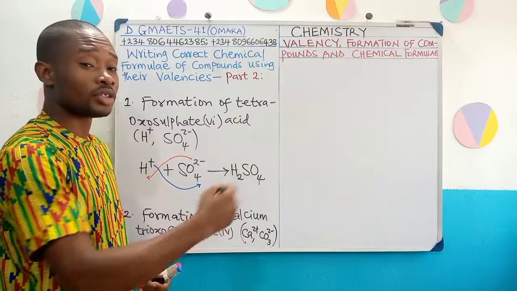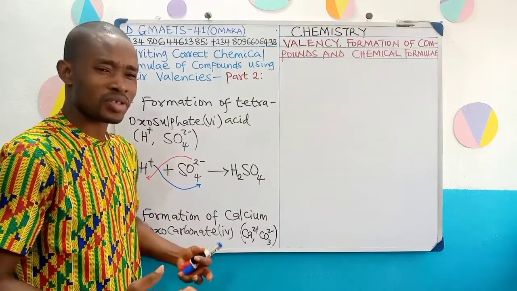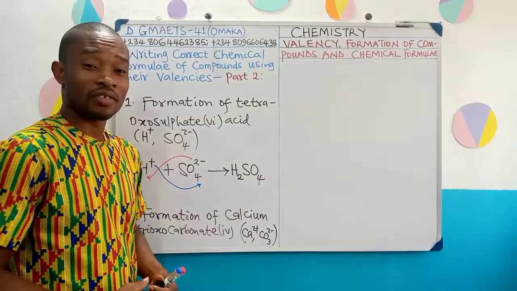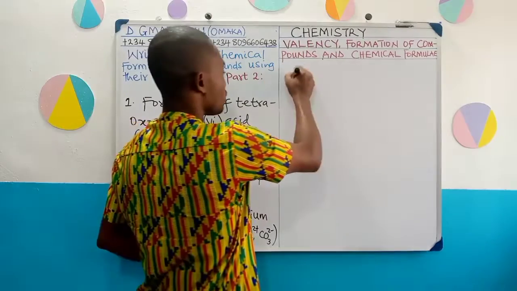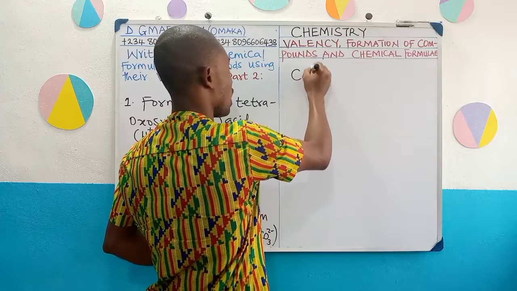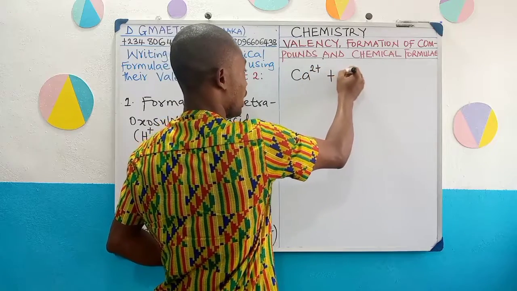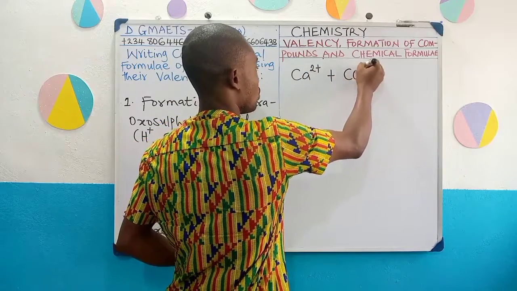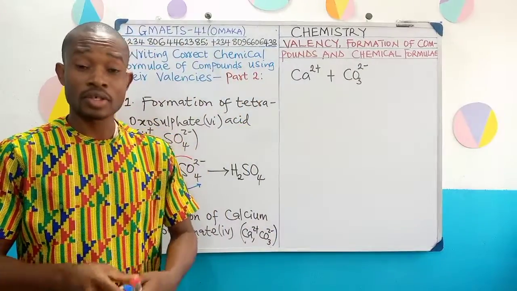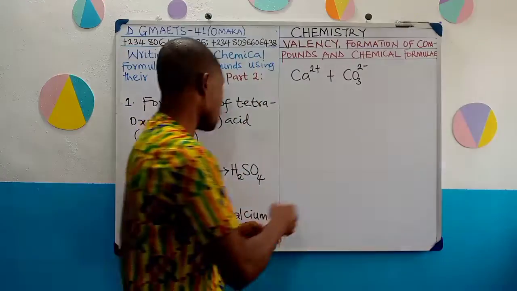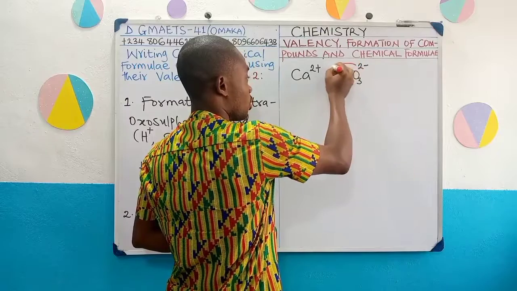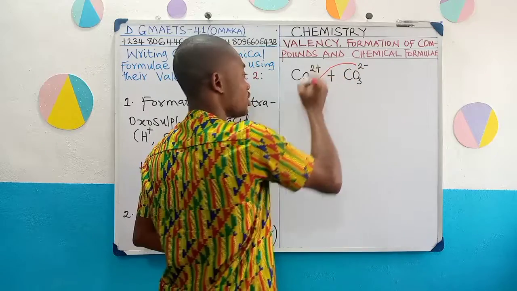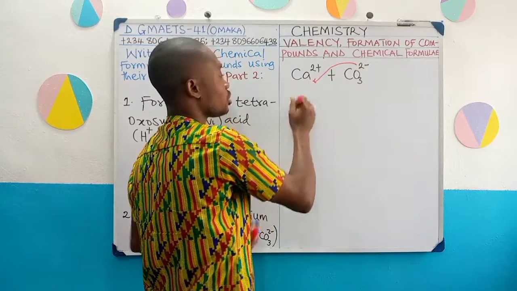So let us see how calcium trioxocarbonate forms. What's the correct chemical formulae of this compound? It's going to be the combination of calcium 2+ combined with CO3 2-. And of course, you know there's going to be interchange of valency. So let's see. CO3 2- will step down its 2 valency to calcium.